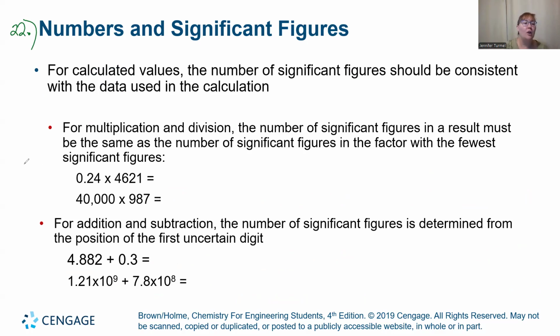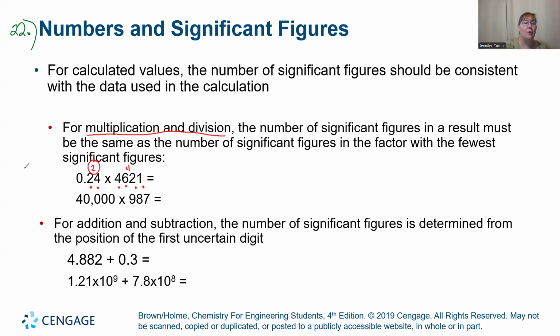For multiplication and division, the number of significant figures in the result must be the same as the number of significant figures in the factor with the fewest significant figures. So see how this one has 2 and this one has 4. That means that we can only have 2 in our final answer.